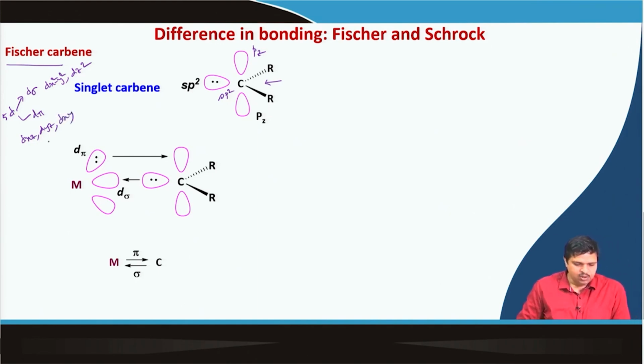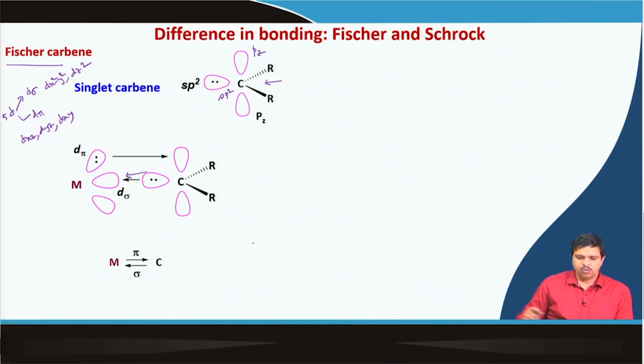Any of the d sigma orbitals can interact in a sigma bond fashion. So this lone pair will be donated to the empty d sigma orbitals of the metal center.